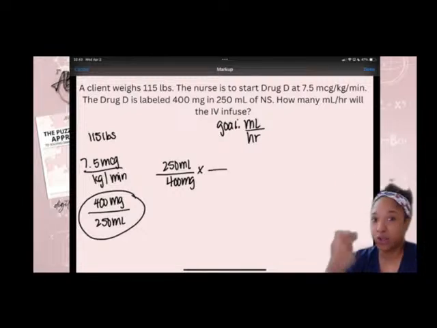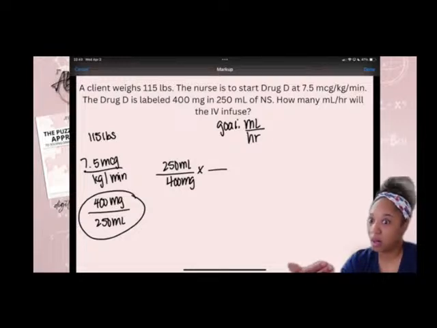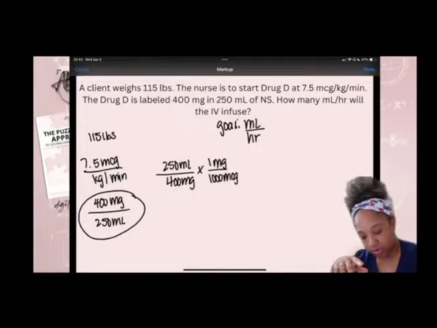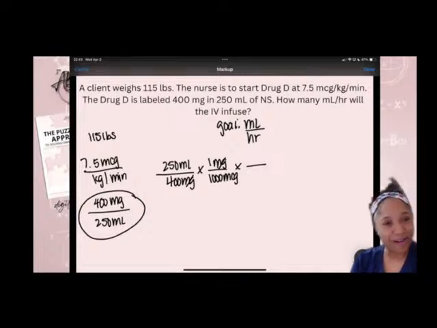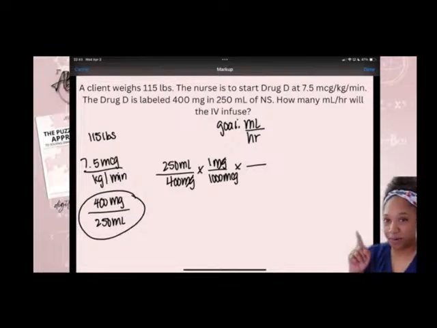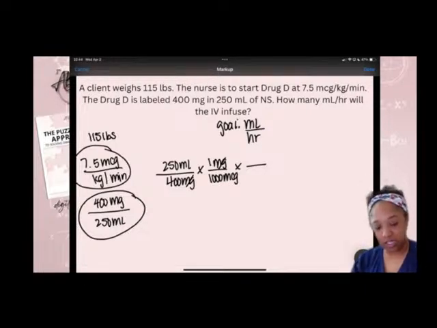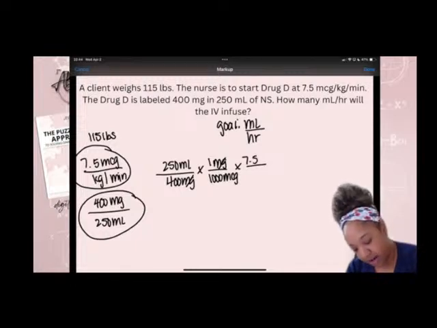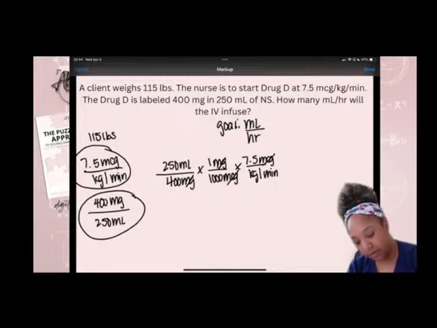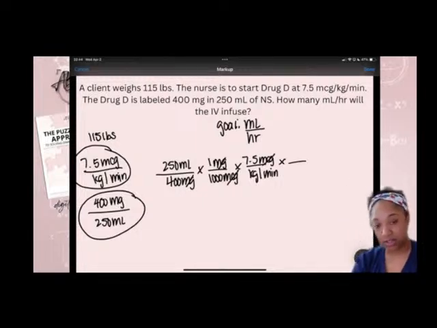Now that we have the micrograms on the bottom, we can put our micrograms on the top with this puzzle piece. 7.5 mics per kg per min. Okay? Micrograms is crossed out. Now we got pounds.